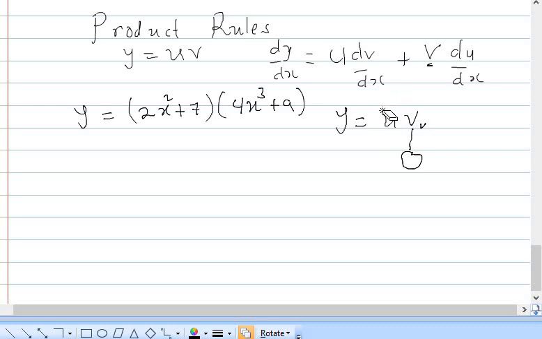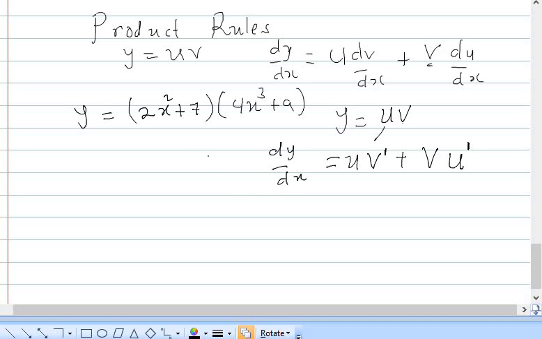So in general, to differentiate a product, take u constant, differentiate v, plus take v constant, then differentiate u. That's how to find the derivative of a product, that's dy by dx.